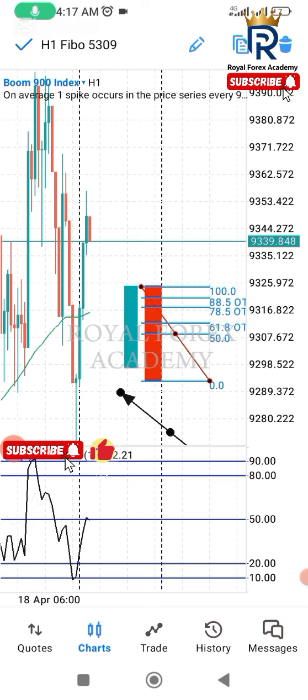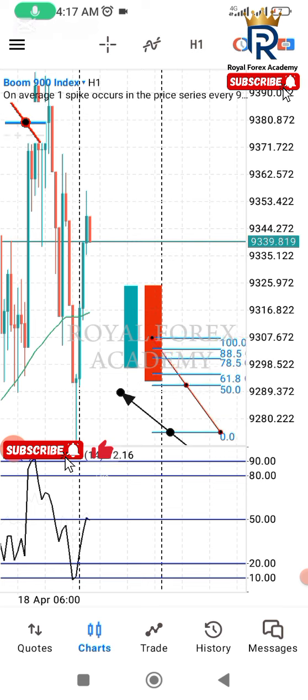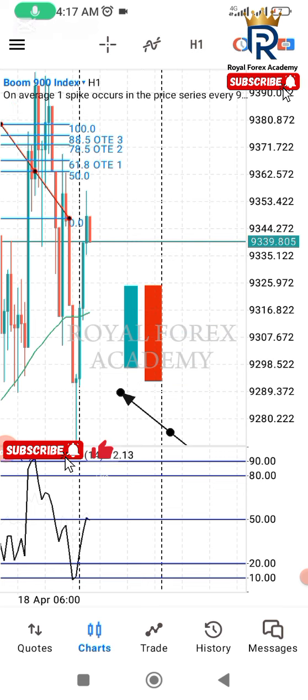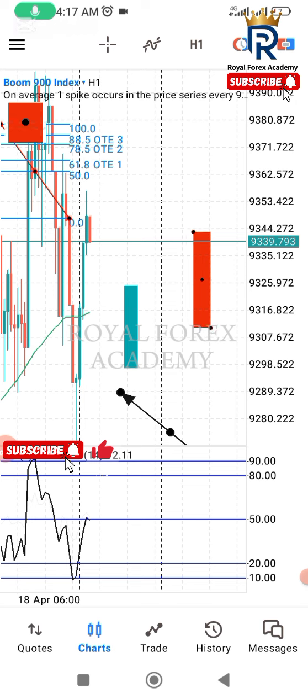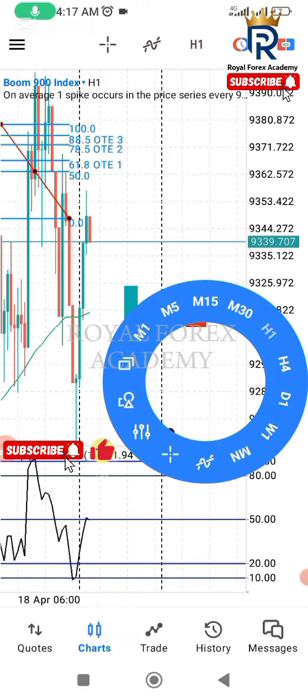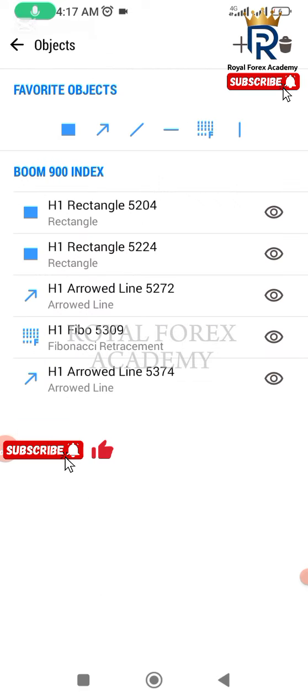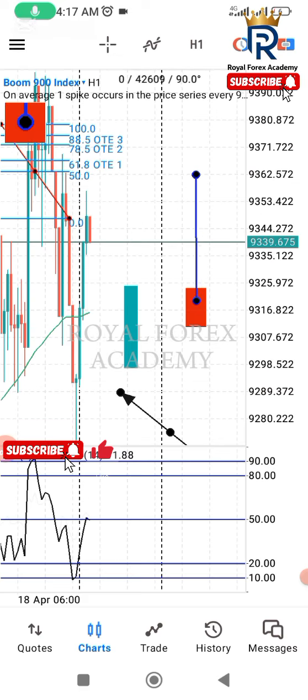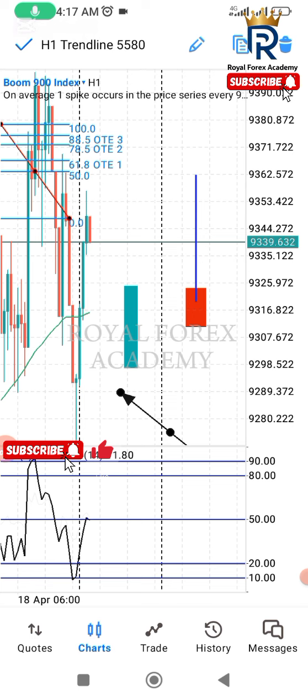So this is for bullish, and then for pin bar it is the same pattern. For a bearish pin bar, this is it. How do we do it? The same pattern.